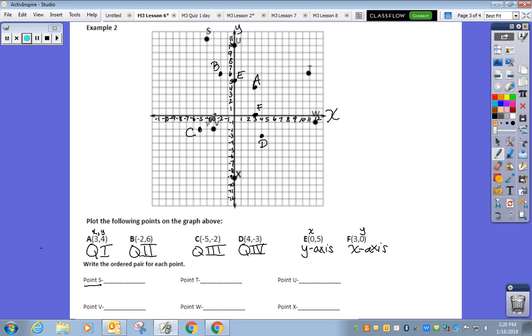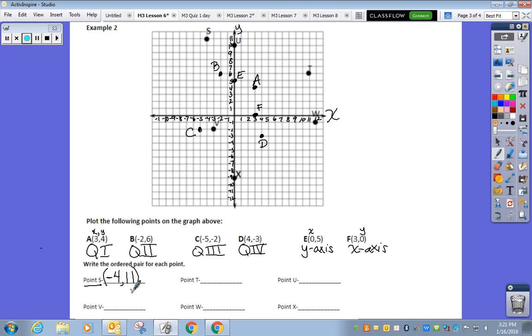So my x coordinate is going to be negative 4. Notice I have my parenthesis. I did not forget my negative symbol. And I'm going to put a comma. Then what I could do is go up to the point and move over to the y-axis and see that it's at positive 11. So that would be the next coordinate.